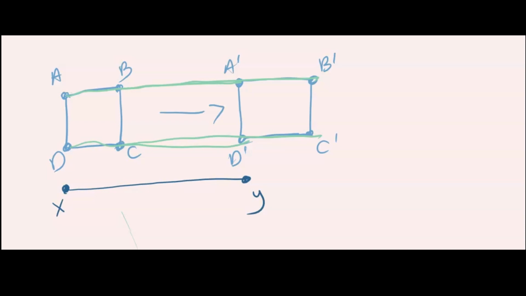And you can see how the line D to D prime is parallel to the vector X, Y. So let's write this down, the line connecting.